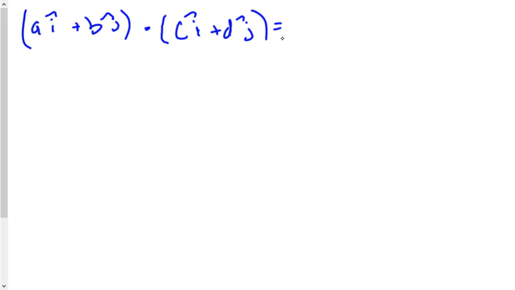It's actually going to come out to be a number, a scalar quantity, and we end up with A times C, multiplying my two i coefficients, plus my two j coefficients, B times D. And that's actually how we do that. But there's also another way of doing a vector dot product.